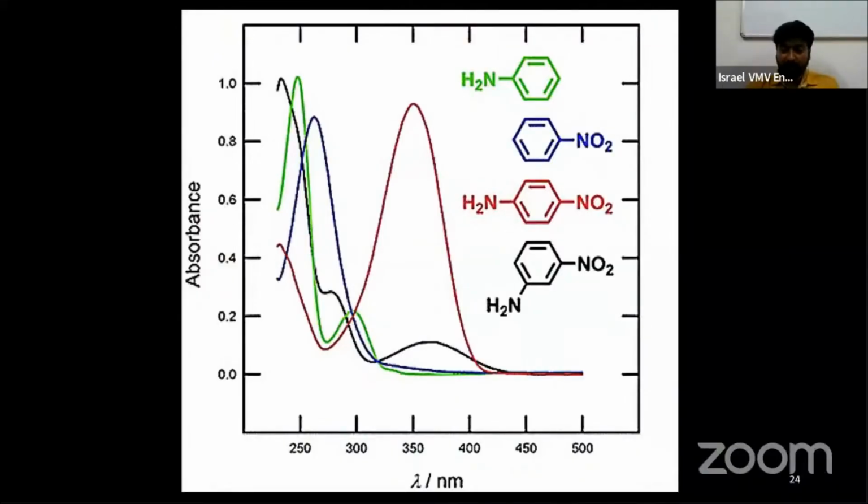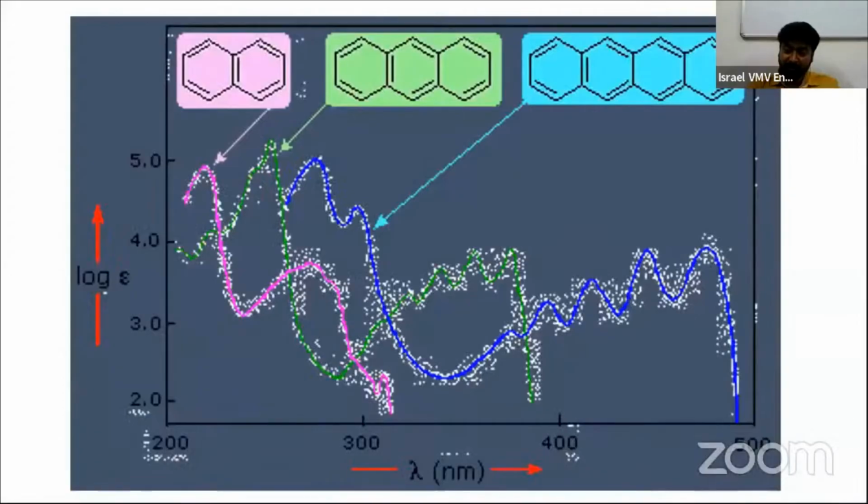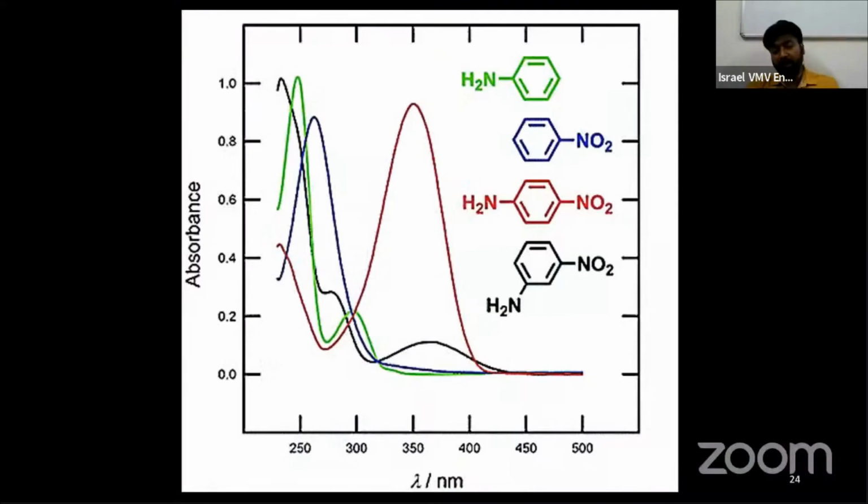Look at this molecule. I showed molecules with only carbon and hydrogen here, and now you find an aromatic molecule with nitrogen and oxygen, an amino group and a nitro group. NH2 refers to the amino group, NO2 refers to the nitro group. What is the difference between the first molecule and the third molecule? The first molecule has an NH2 group, the second molecule has an NO2 group.